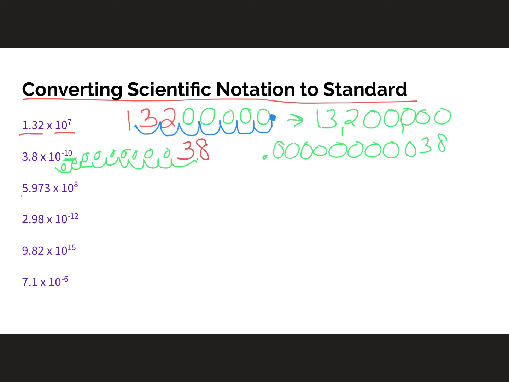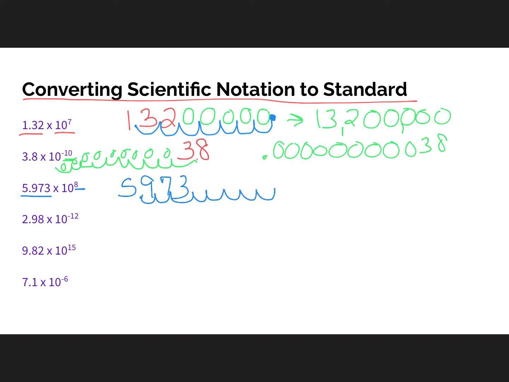So let's look at this one. This time I have 5.973. That is less than 10 and more than 1, so that's fine. It is a positive 10 to the positive 8th power. So we're going to move our decimal point 8 places to the right. It started out right here. So when I move it 8 to the right, I move 1, 2, 3, 4, 5, 6, 7, 8.